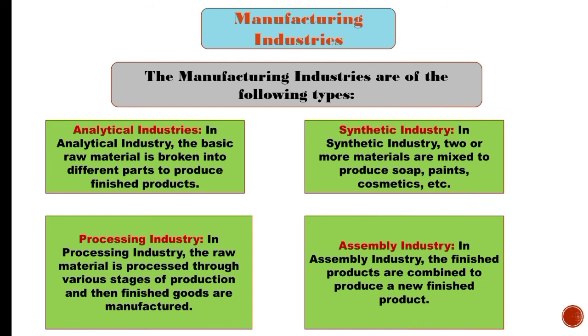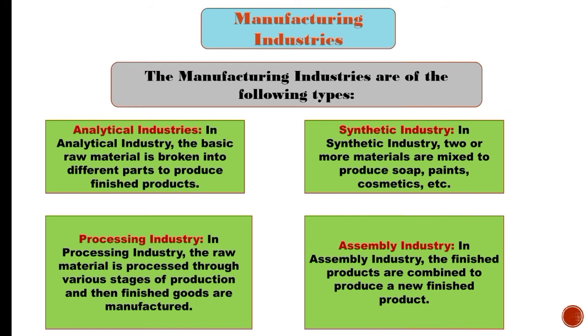Last type of manufacturing industry is assembly industry. In assembly industry, various finished products are combined to produce a new finished product. For example, manufacturing of computers, television, watches, automobile, cars, etc. Here, to produce a computer, the different parts of computers are first converted into finished goods such as keyboard, mouse, etc. Now after completing these finished goods, all of them are combined.